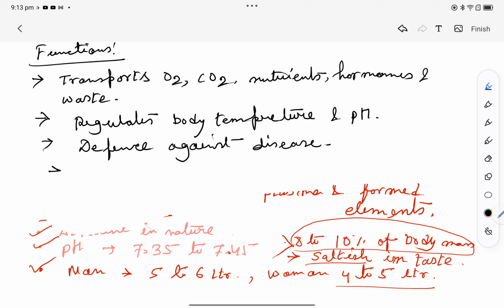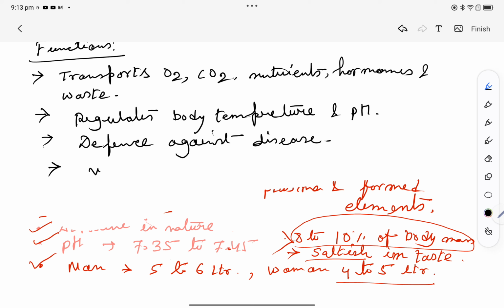And it also protects us from blood loss via blood clotting. If we get a cut somewhere in our body, after a few minutes the bleeding will stop by itself, right? So that is blood clotting.